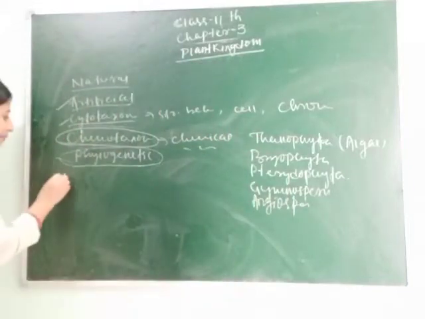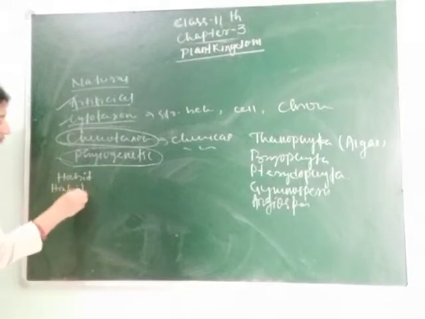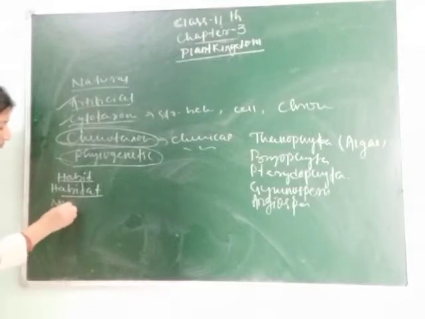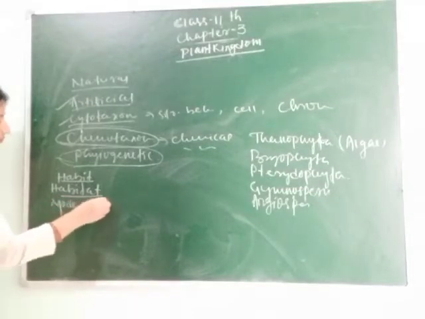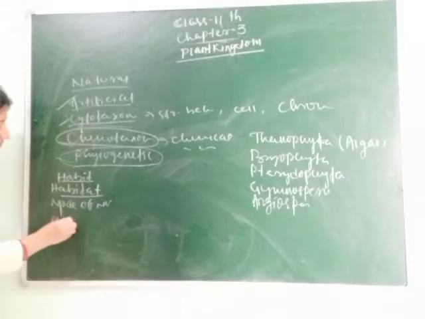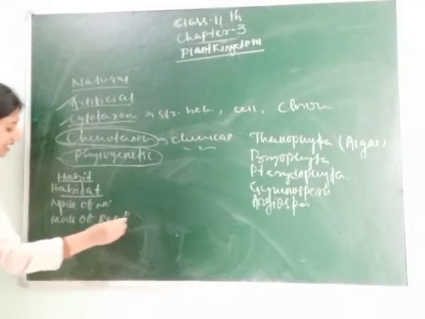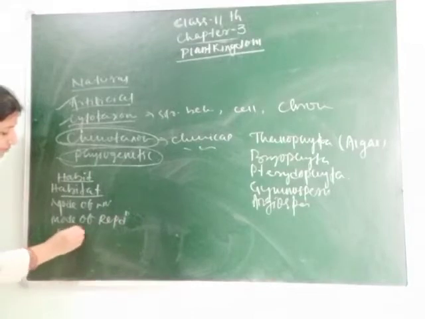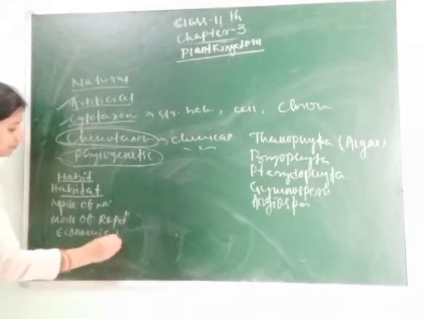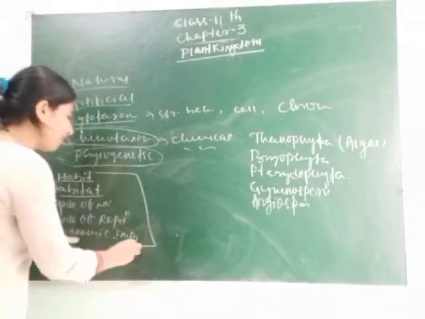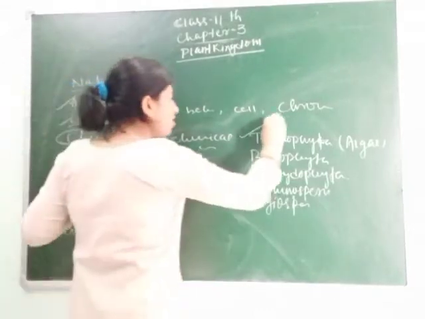One is habit, another is habitat, then mode of nutrition, mode of reproduction, and the last one is economic importance. Students, remember, you should write about these 5 characters in all these divisions.